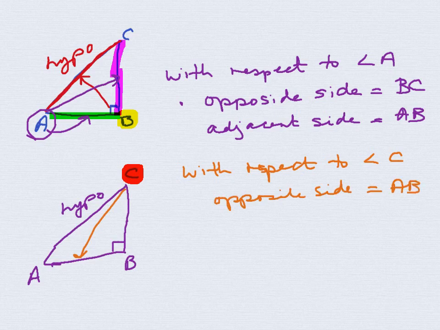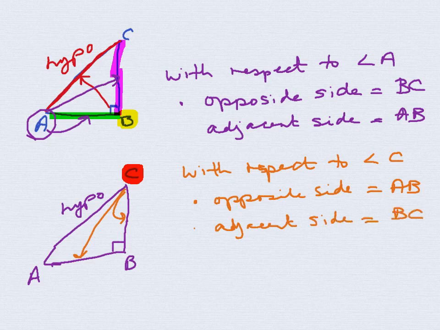The one that's across. And of course, if I'm at C and I'm looking for the adjacent side, it's the side that is touching. So with respect to angle C, the adjacent side is the one that's touching it, and that'll be BC.